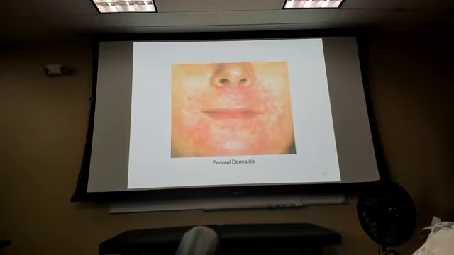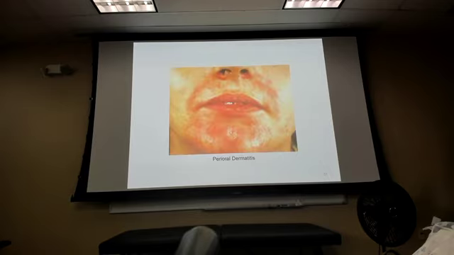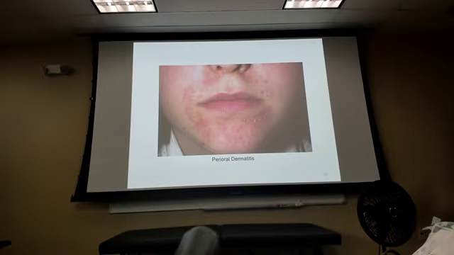Does it spare that vermilion border? Yep. Is it all the way to like the right or left? No, but you can still see that there is some of the clear zone. That one shows you all over. So there and there. Okay? Any questions about the perioral?